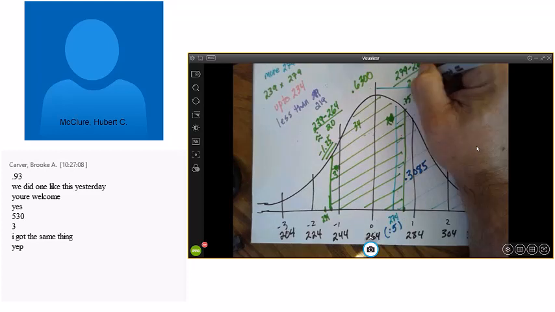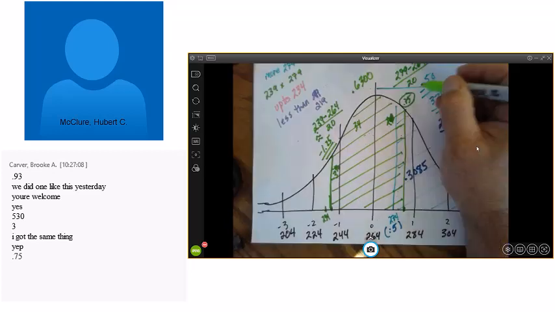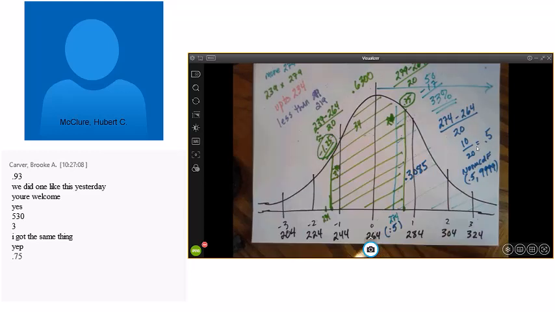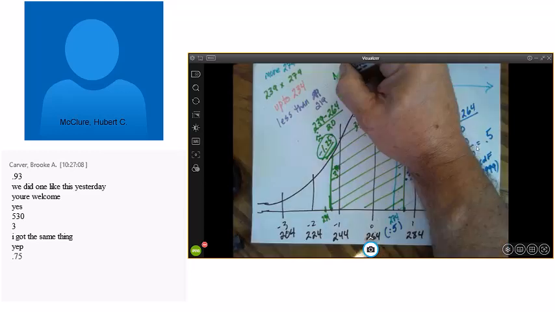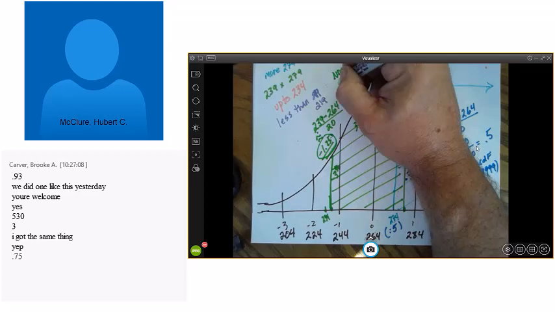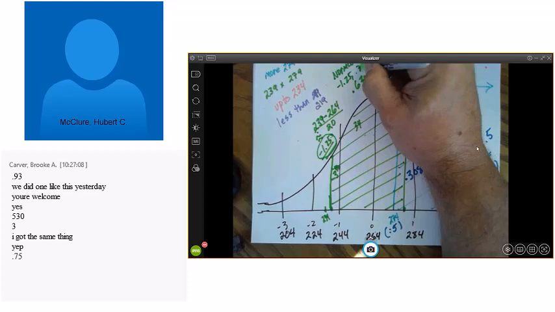What do you get? 0.75. So somebody take your calculator and go normal CDF from negative 1.25 to 0.75 and give me 4 digits.